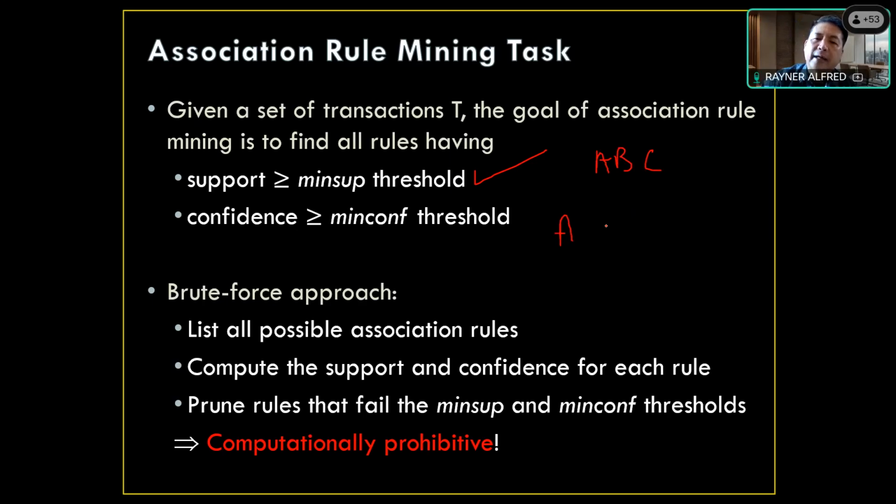So we could have A going to BC, and then B going to AC, and then C going to AB, and this is only one.